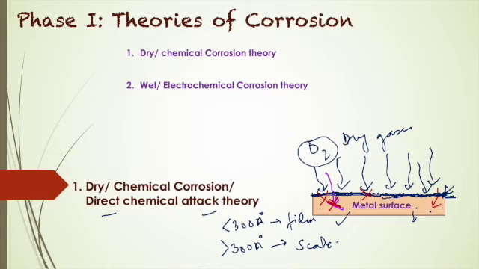And the scale formation proceeds in two different ways. One is by the diffusion of oxygen to the metal through the intervening oxide layers which have already been formed. That means this oxygen has found some of the pits, some of the pores on the surface of this layer, so it seeps in through those pores and corrodes the inner metal surface.